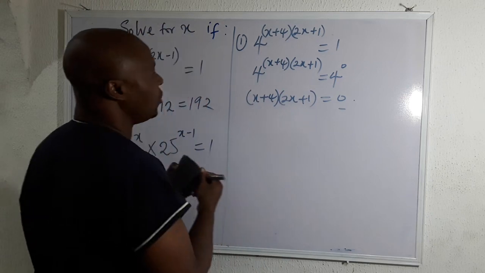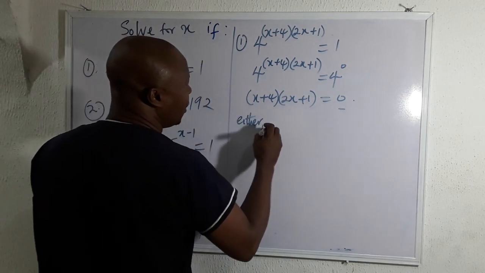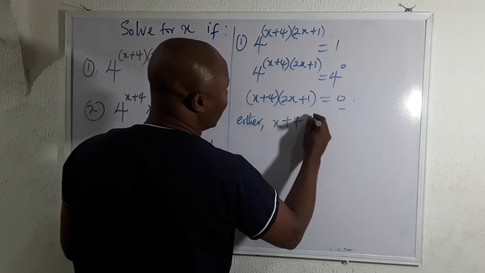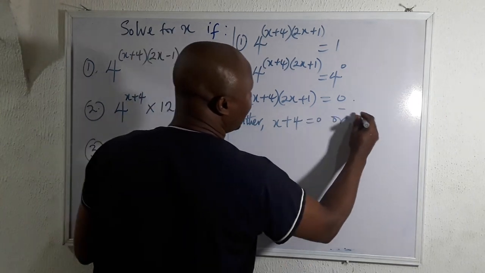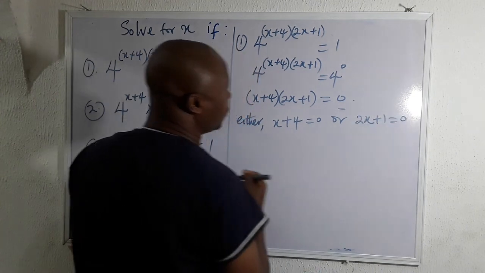So we now say either x + 4 is equal to 0 or 2x + 1 is equal to 0.